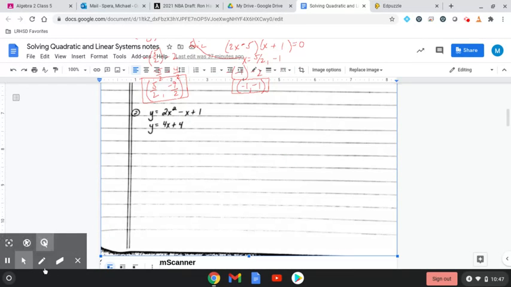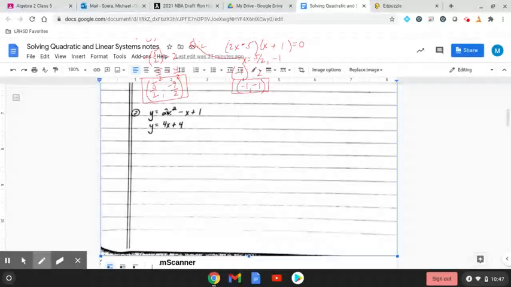Let's look at the next one. Same process. First thing you ask yourself: both equations are set to y already, right? They both read y equals. So we just take each equation and set them equal to one another. It doesn't matter which way you bring the terms to either side.